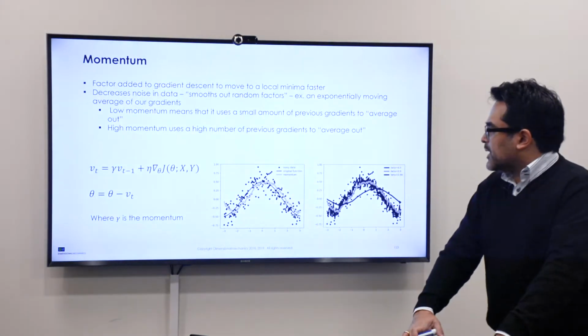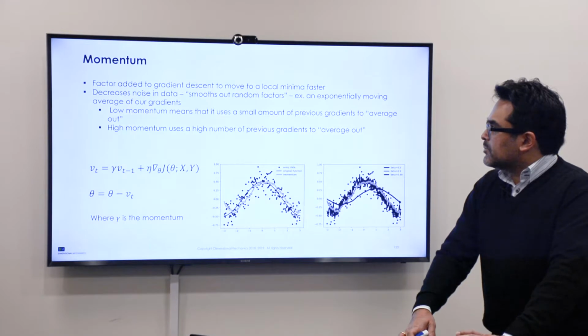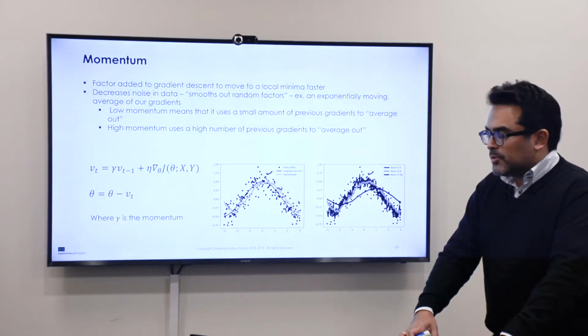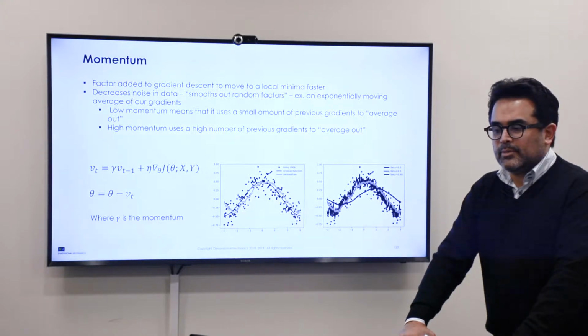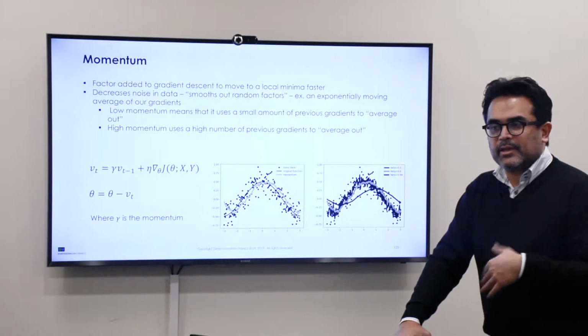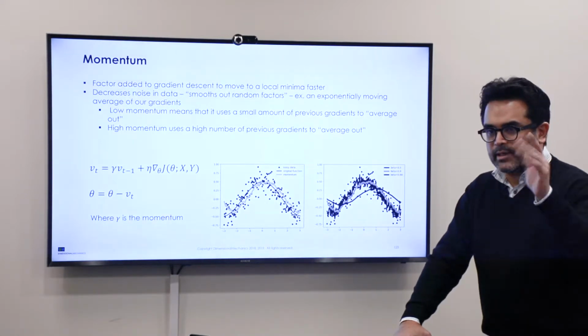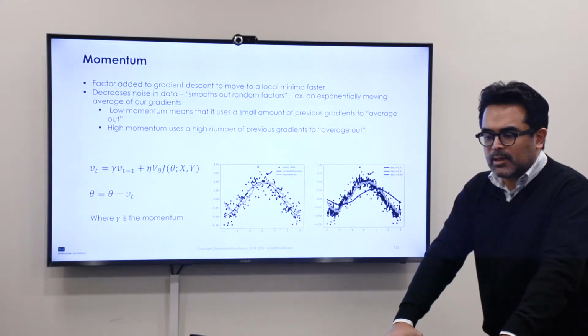The issue with momentum is that it will eliminate some of the random factors when it converges, which is a good thing. For example, if you look at stochastic gradient descent, it's a pretty random decay.